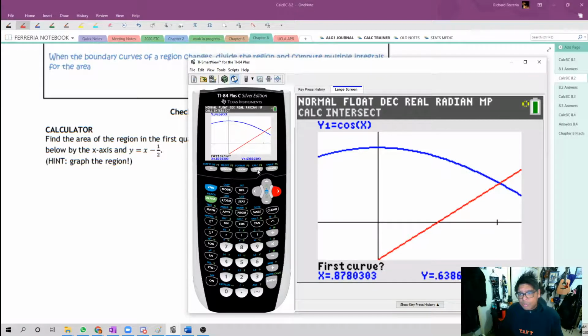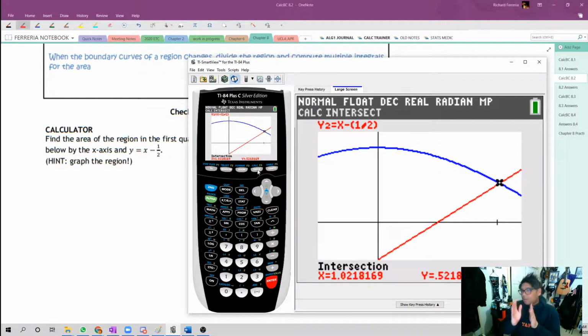So I'm going to just cursor over there. Am I on the first curve? Yes, enter. Am I on the second curve? Yes, push enter. Scroll right on top of it, push enter, and that is 1.0201.